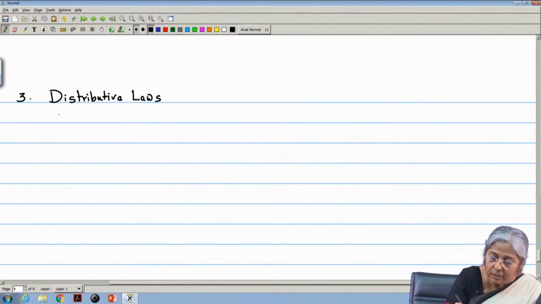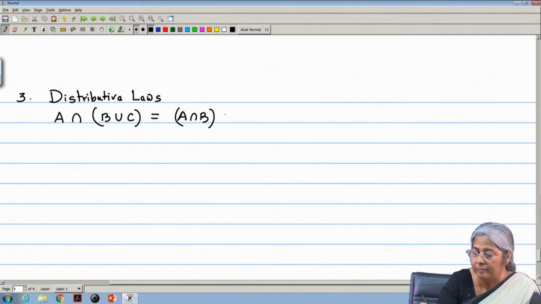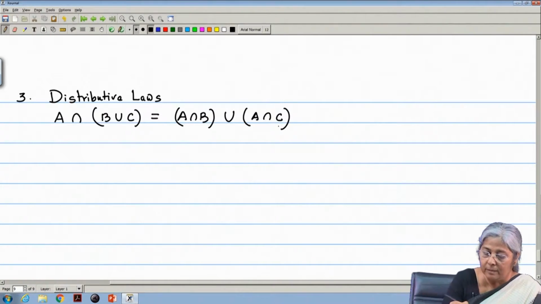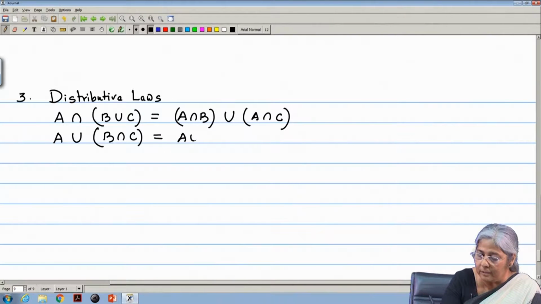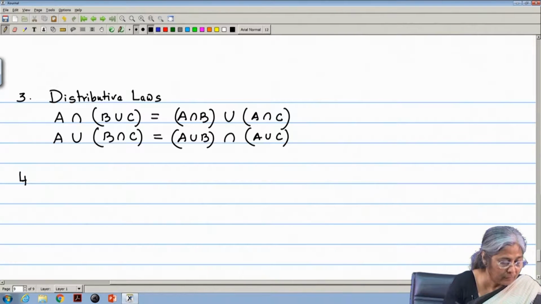We write that A intersection, B union C, is A intersection B union A intersection C. If we exchange the operations, intersection and union, it is the same: A union B intersection A union C. Later we can prove these distributive laws.